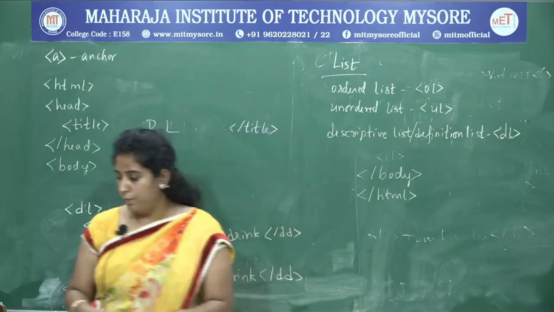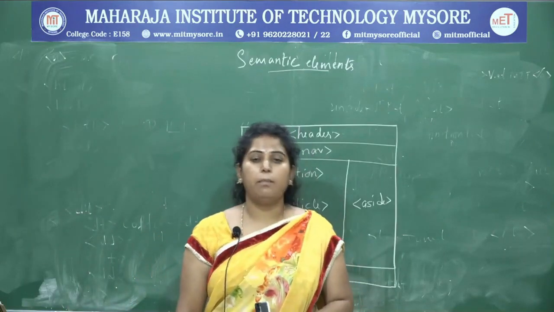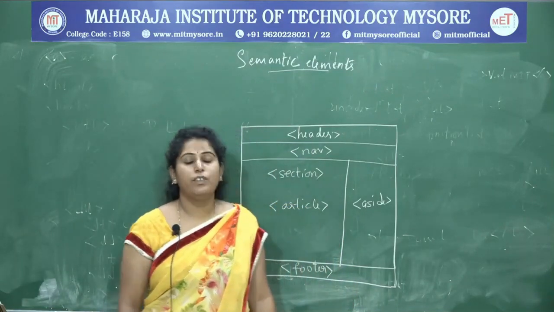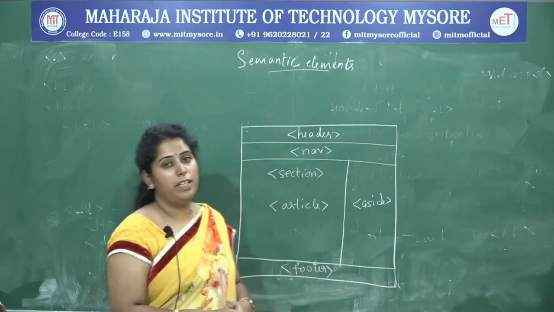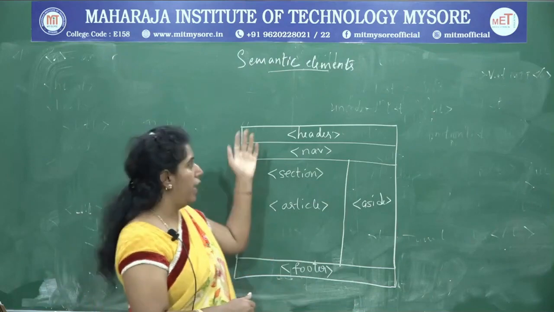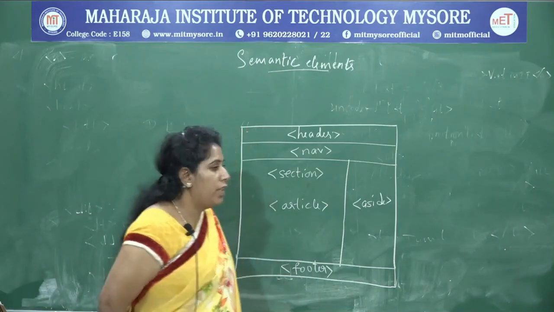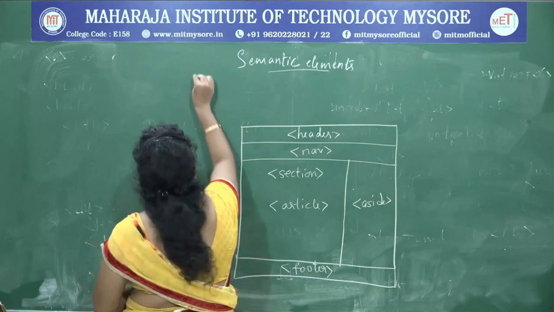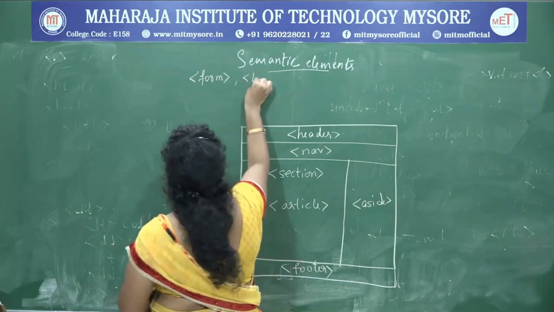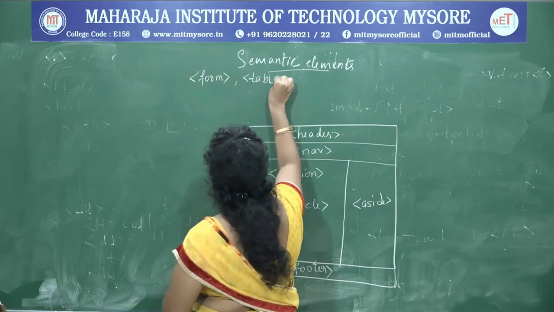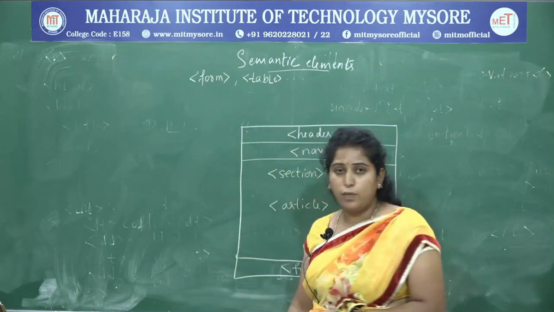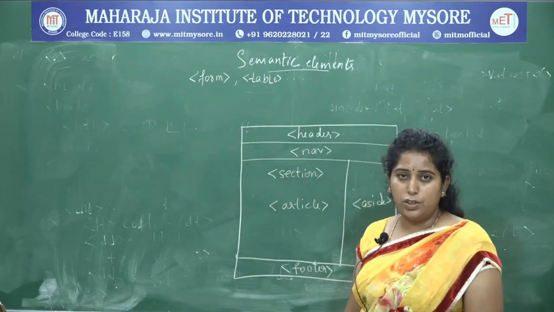Okay? Yes, the next topic is semantic elements. What are semantic elements? Those which describe clearly their meaning to both the developer and a browser are called semantic elements. For example, form tag, table tag, and so on, which these types of tags will be discussed in the future sessions.